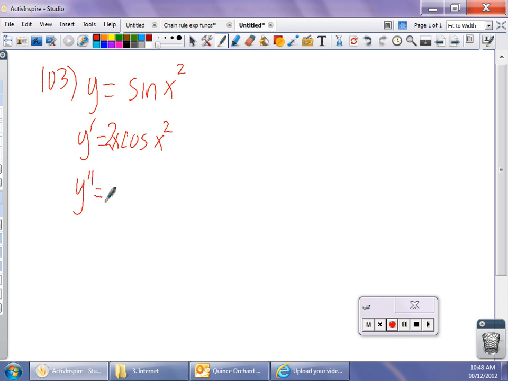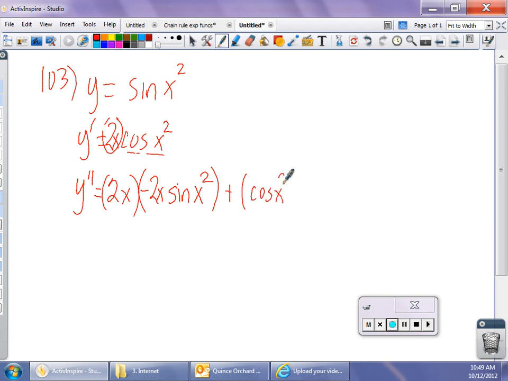The second derivative is going to require the product rule because now I have a product of 2x multiplied by cosine x squared. So I'll have the first times the derivative of the second. The derivative of cosine is negative sine of the angle multiplied by the derivative of the angle, and the derivative of x squared is 2x, plus the second, which is cosine of x squared, times the derivative of the first, and the derivative of 2x is just 2.